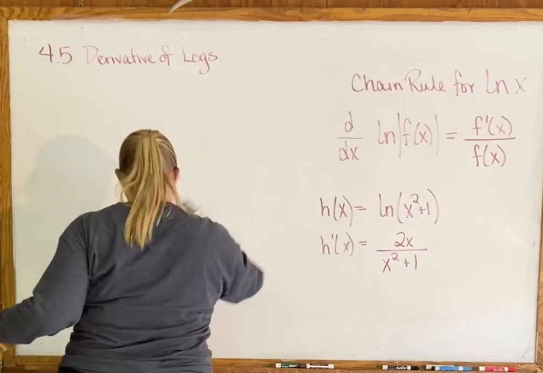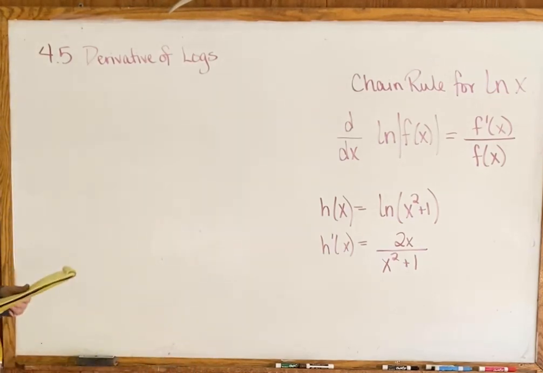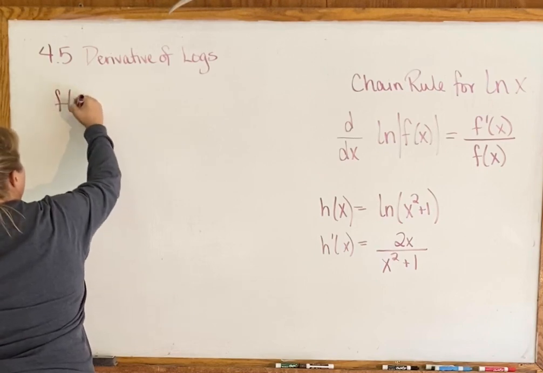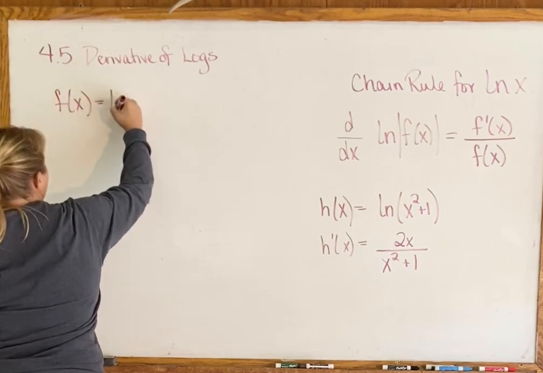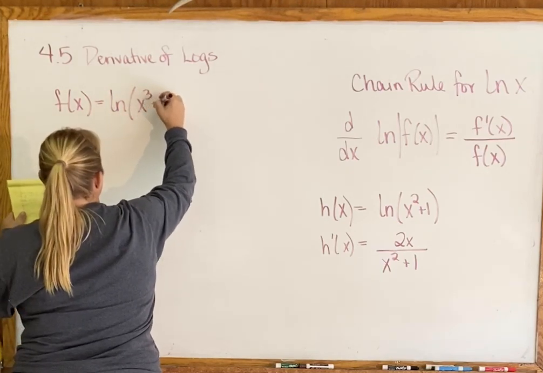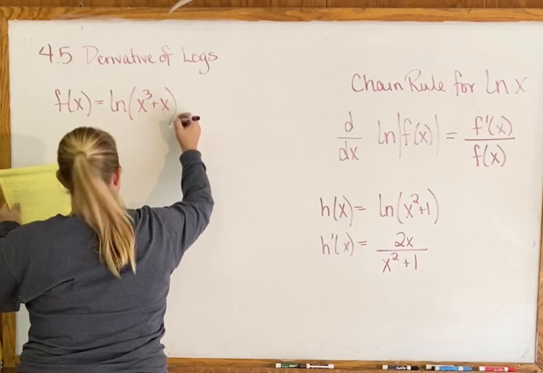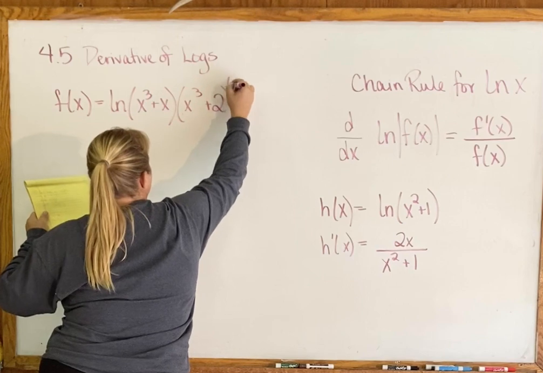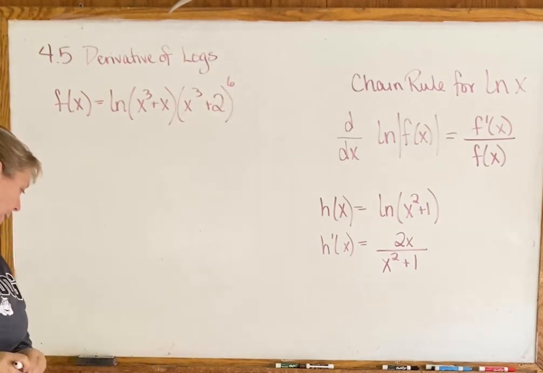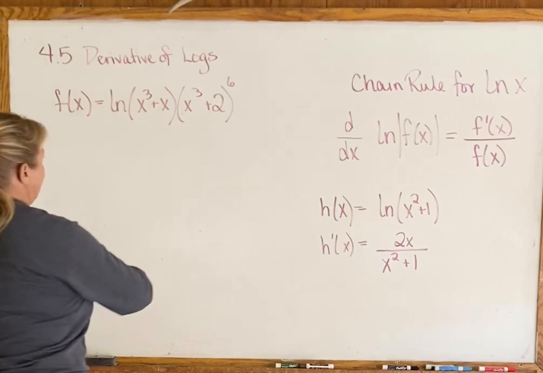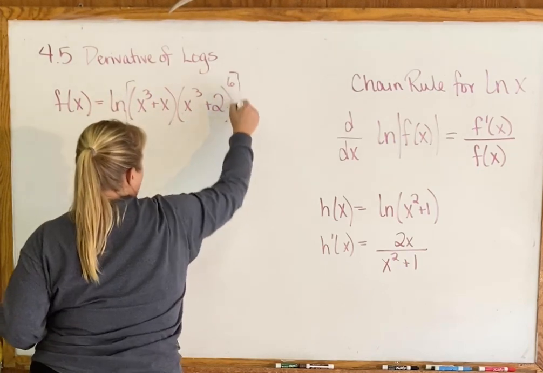Now, you might think we're not ready for this next one, but I'm going to show you it's really not that bad. Let's say the next one I had for you was f of x equals the ln of (x cubed plus x) times (x cubed plus 2) to the 6th. So this whole thing is in the natural log.